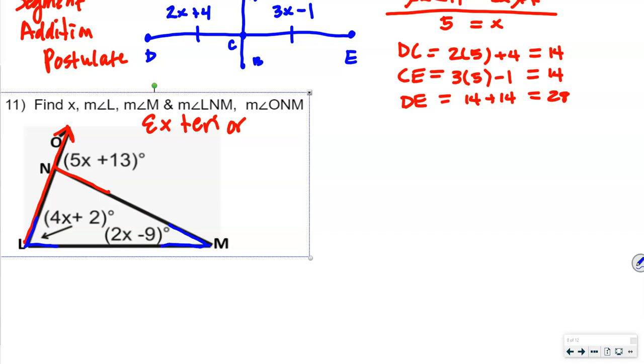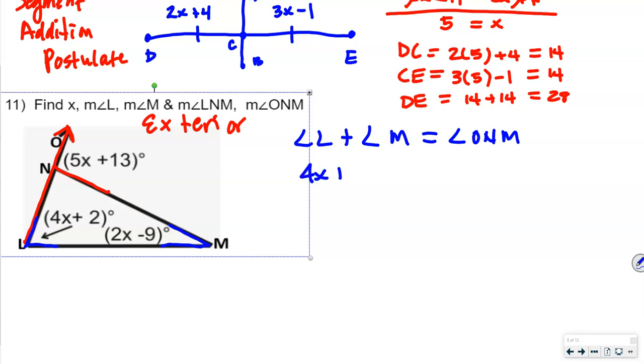So these are called remote interior angles, y'all. So when we add these two angles together, L and M, we get angle O and M. So I'm going to say angle L plus angle M is equal to that exterior angle, which is O and M. Okay? So that's exactly what we're going to do.